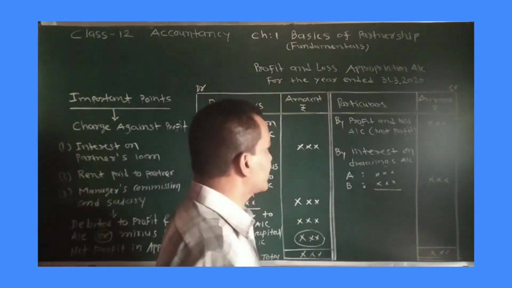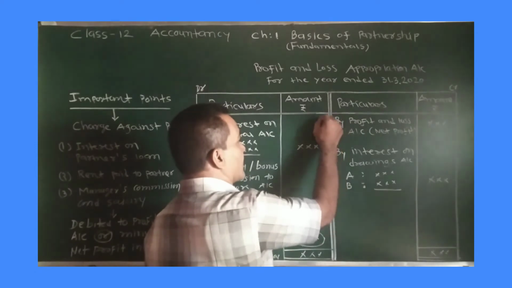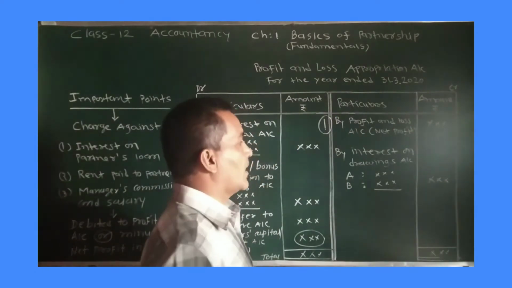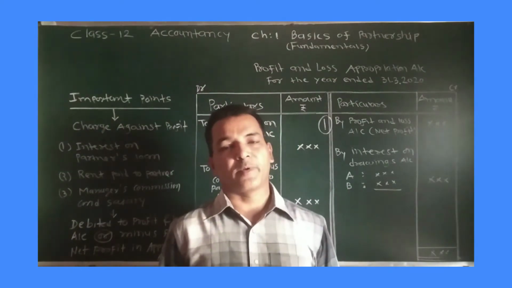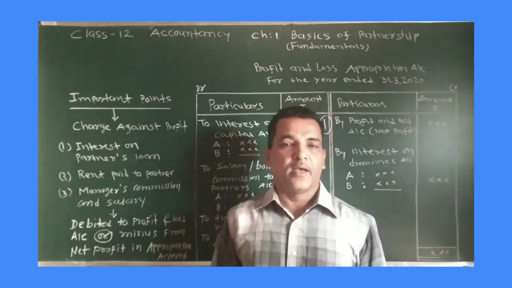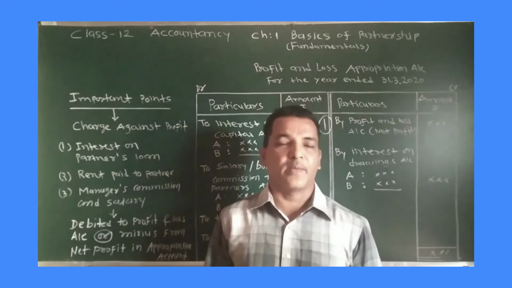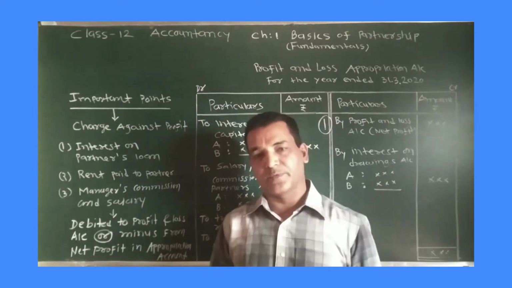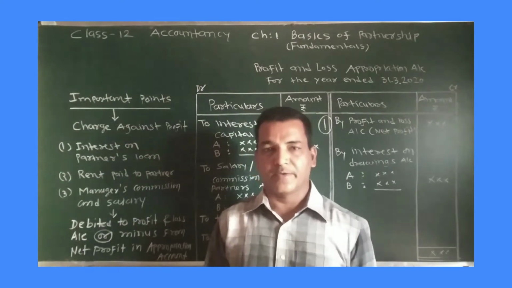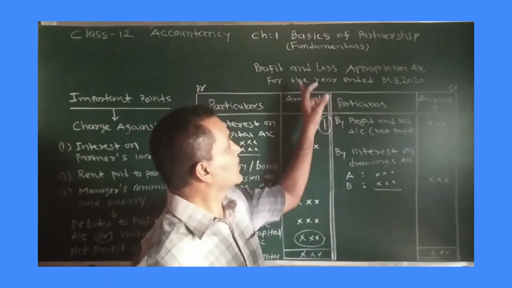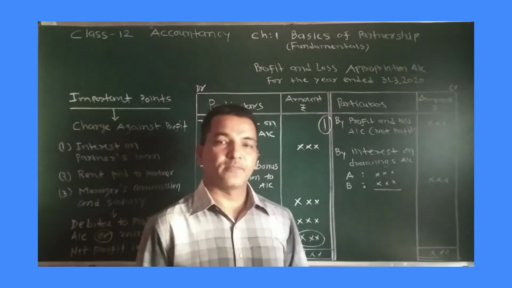So the first point is profit and loss account, net profit. This net profit we have brought from the profit and loss account, and in the profit and loss account debit side, at last we write this amount. So profit and loss account is debited there, and here we have written it on the appropriation account credit side.